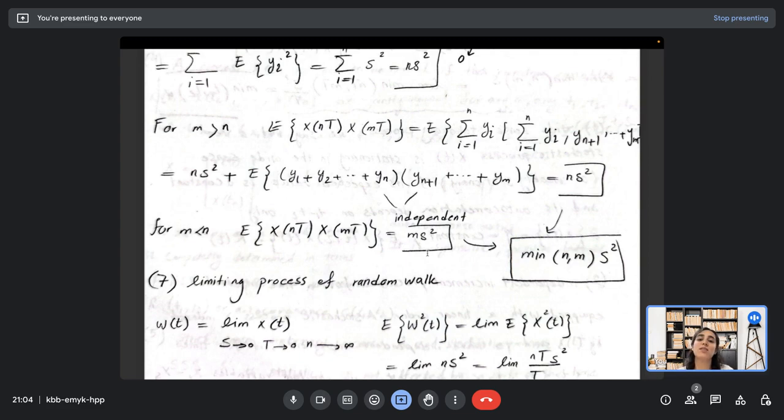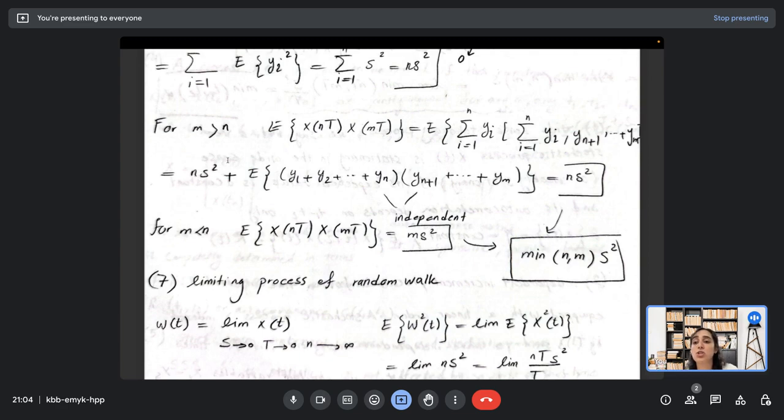Again, because of the independence property, all those expected values within this are 0. So the autocorrelation is n times s to the power of 2.